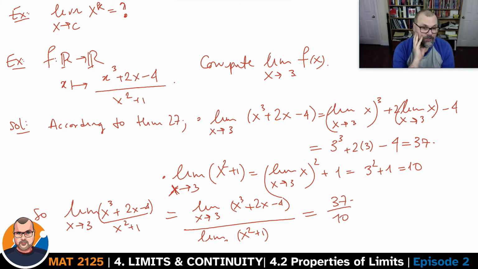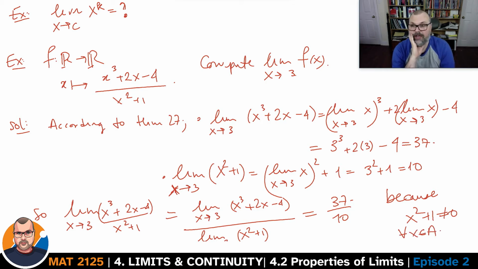I have to make sure that the value of the denominator is always different from 0 in the domain of the function, which happens to be so. So this is important, right? It's not just the fact that 10 is different from 0, which allows us to say that the limit is 37 over 10. It is the fact that the denominator never takes on the value 0. That is one of the assumptions of the theorem.